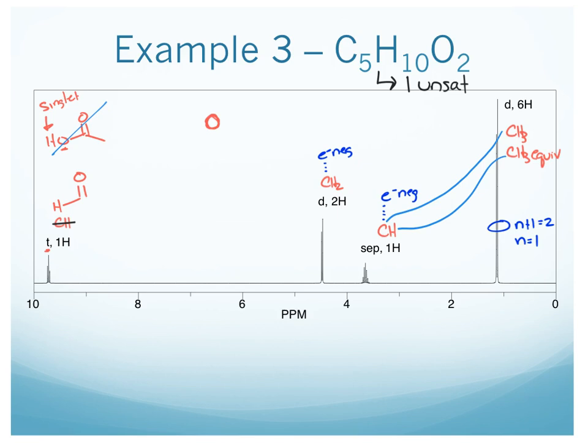Now, the CH is a septet. That's 7. So n equals 6, and we've already taken care of the connection to carbons with a total of 6 hydrogen.